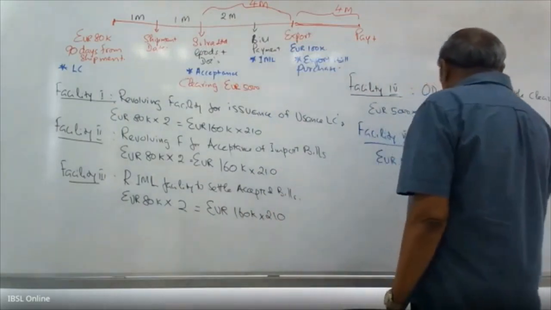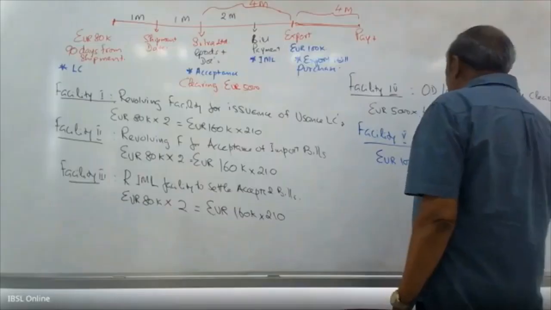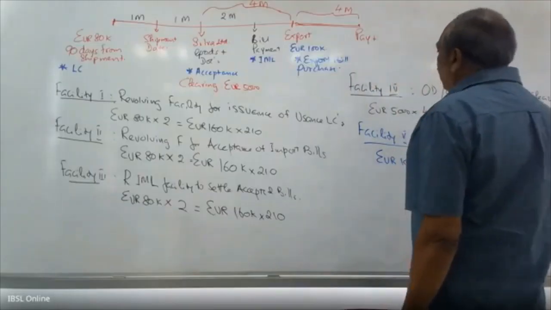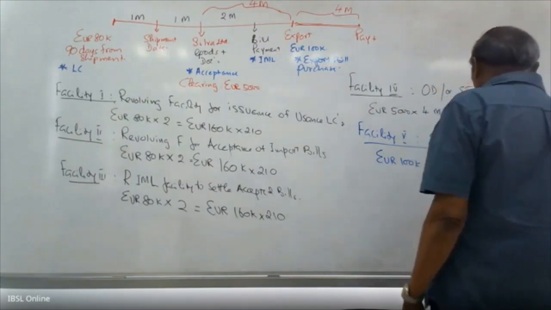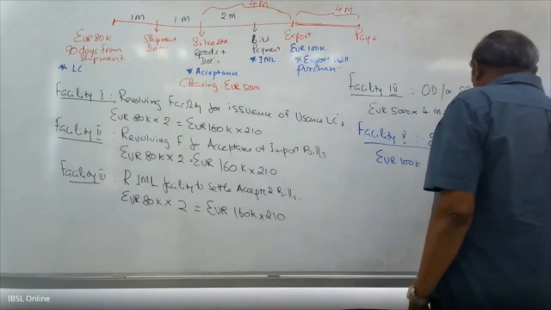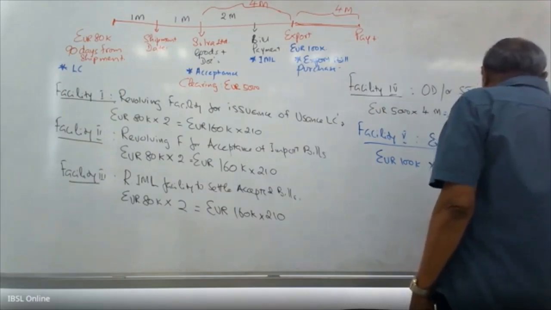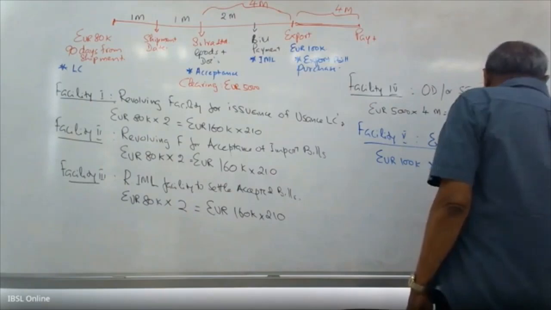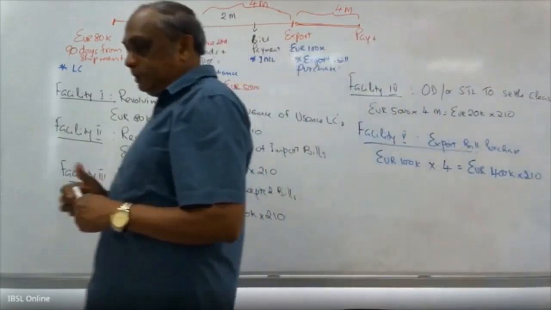Euro 100,000 into how many times? 4 times, because for 4 months, every month you are exporting, every month you are purchasing. Euro 400,000 into 210. That's the export purchase facility.